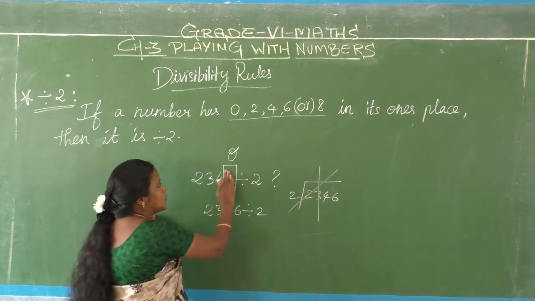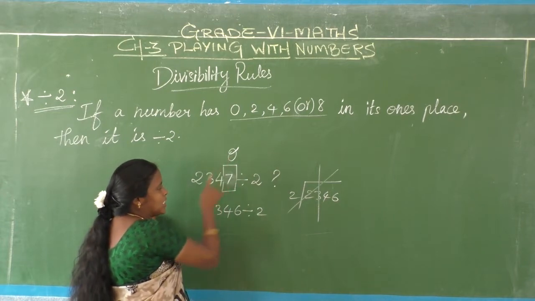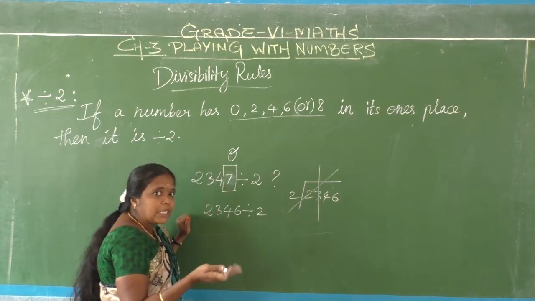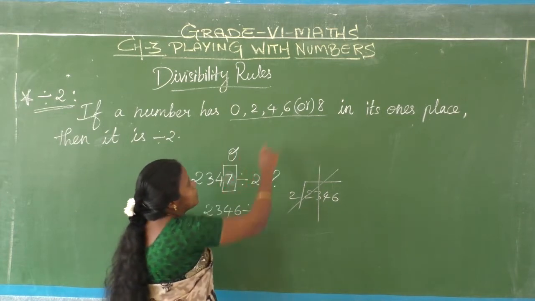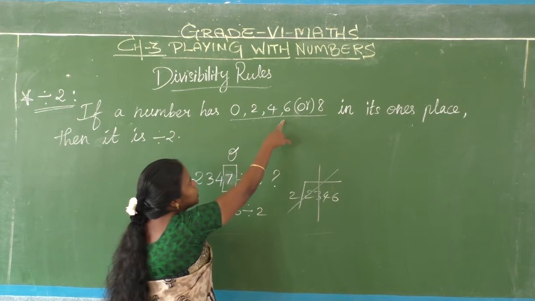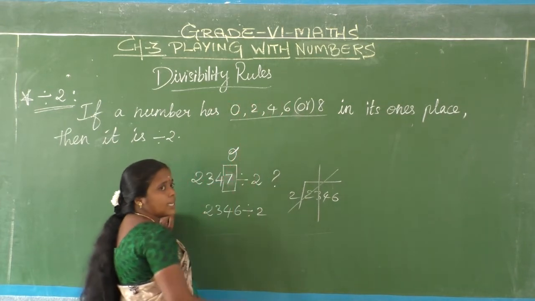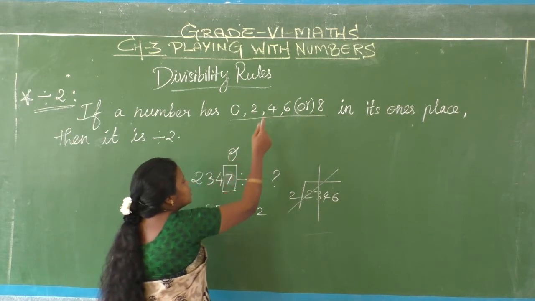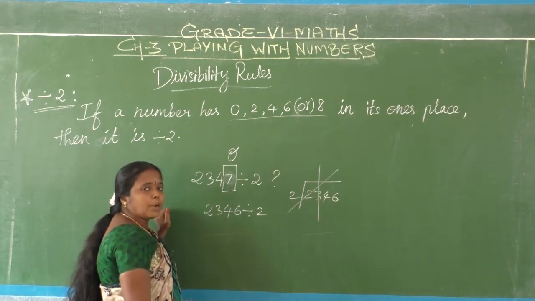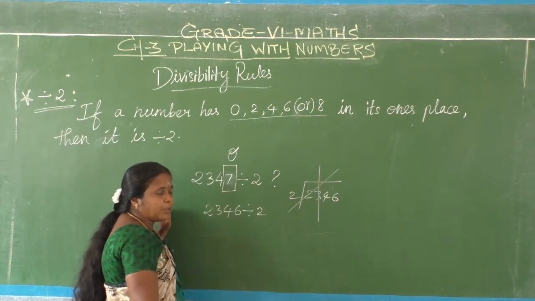Suppose here is 7. So 7 is in the ones place. 7 is not a multiple of 2, but these are multiples of 2. Yes or no? 1 two is 2, 2 twos are 4, 3 twos are 6, 4 twos are 8, 5 twos are 10, again 12, 14, 16, like that. So in multiples of 2, only these digits will come in the ones place.